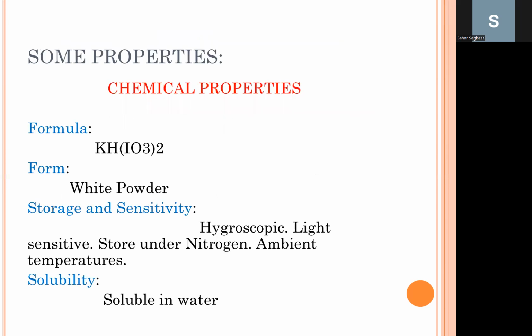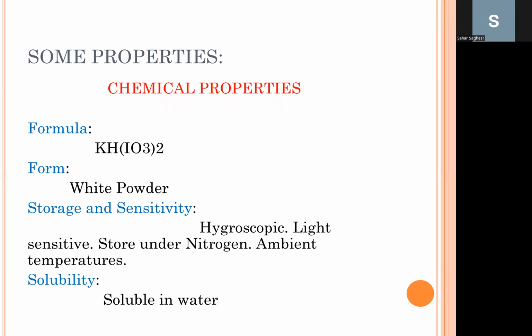So the properties of potassium iodide are here. Chemical properties. The chemical properties include formula, form, storage and sensitivity, and solubility. The formula for potassium iodide is KHIO32. The form in which potassium iodide acts as a primary standard is white powder.